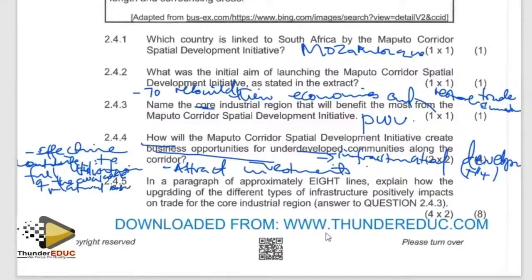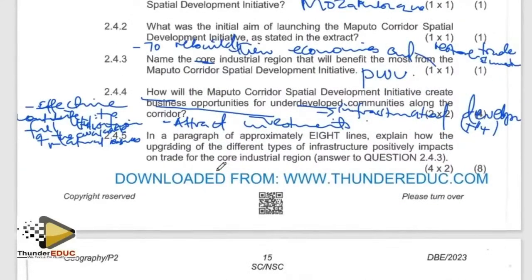So they will be basically used because of the road so that they can get the effective use of those resources.